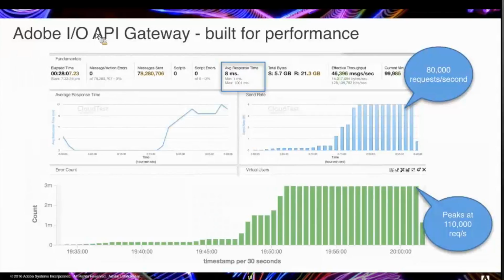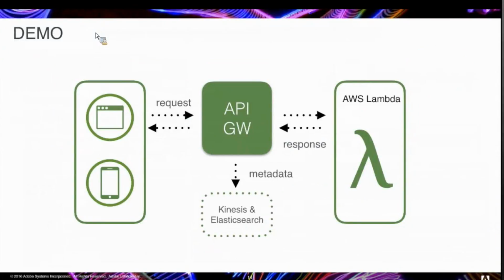To date, we don't know about tomorrow, but at least to date, we can make the statement that this is the most performant gateway that is out there. We take part of the credit, but the biggest credit goes to Nginx and OpenResty. The credit that we could take is that we didn't screw up what they did there, so we still kept the performance. All right, so let me show you a quick demo.